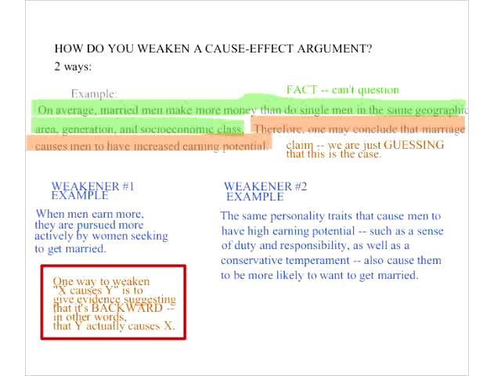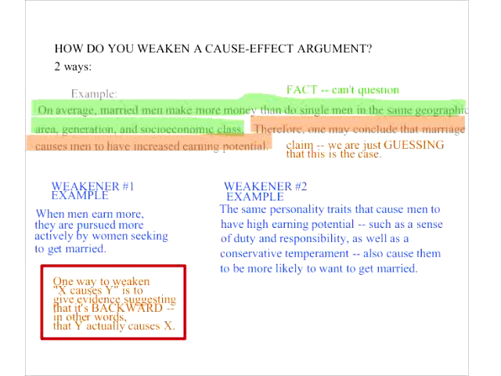There's a lot of words here, but basically this is saying that steady, stable, responsible people are more likely to be good at making money, and they are more likely to get married.